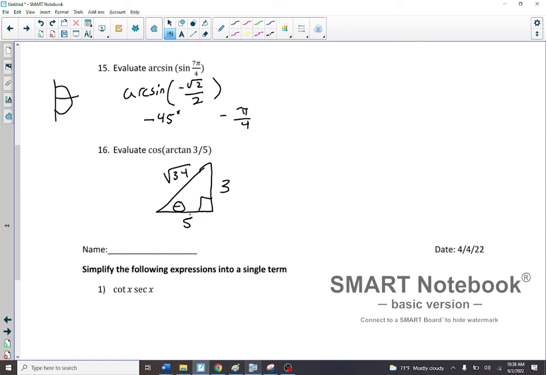So arctan is opposite over adjacent, so 3 over 5, that's right. So then cosine is going to have to be adjacent over hypotenuse, which is 5 over root 34. But because it's multiple choice, it'll be written in the proper form, 5 root 34 over 34.